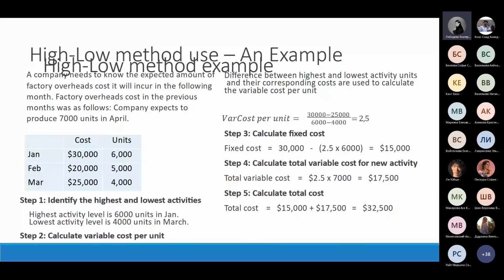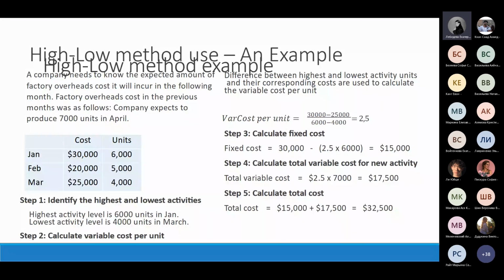Then you apply the formula. In the numerator, there would be the difference between cost associated with the highest and lowest activities, and in the denominator, the difference in activities. And the result would be variable cost per unit.